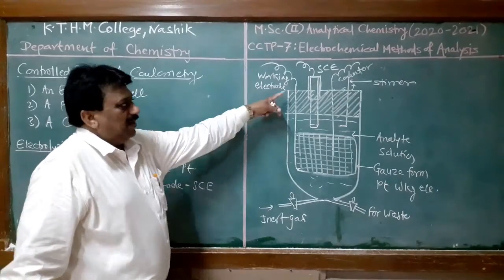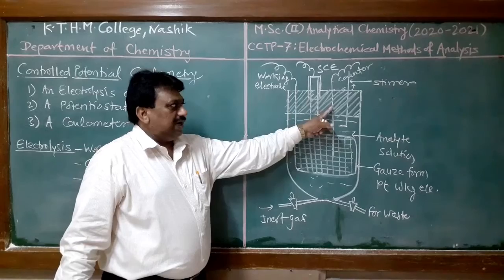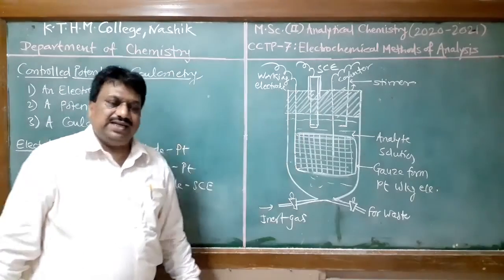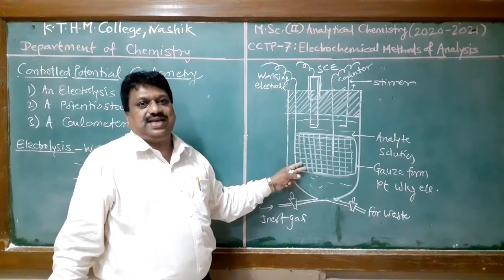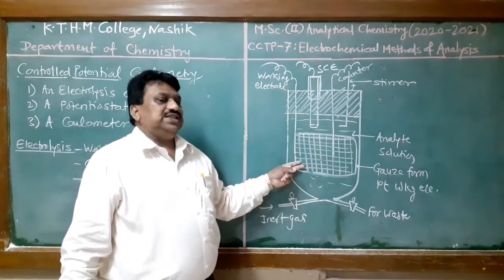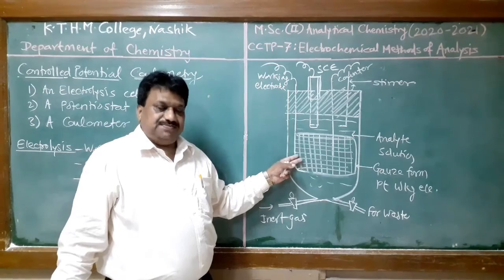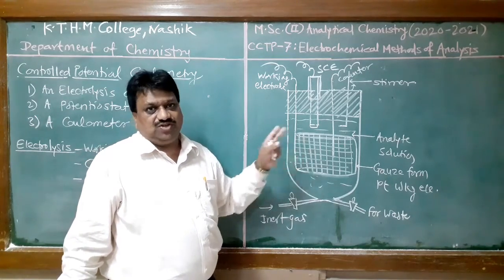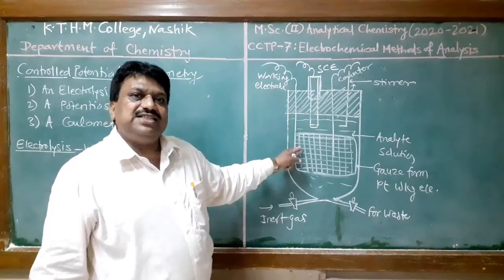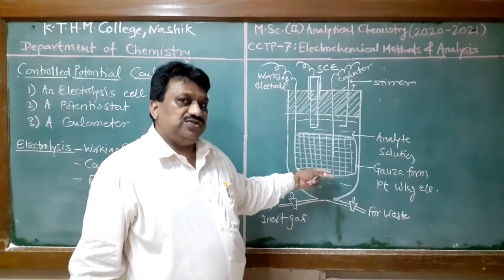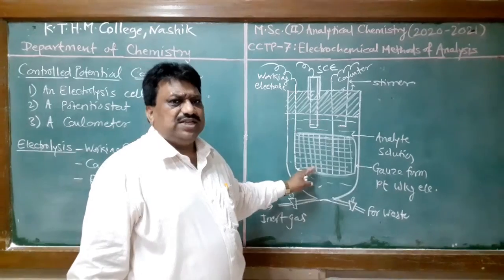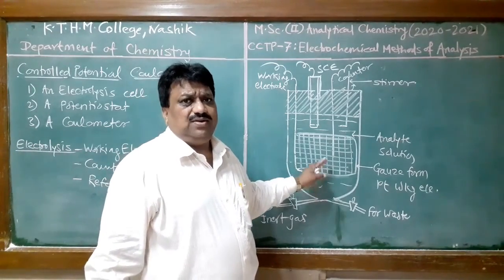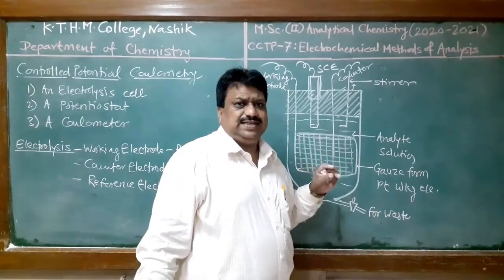By applying a potential across the counter electrode and working electrode, the electrolysis of the analyte solution is carried out. During electrolysis, the current is measured as a function of time, and when the current reaches a value of 0, it indicates that the reaction is completed. After that, the electrolysis process is stopped and we can determine the quantity of electricity.